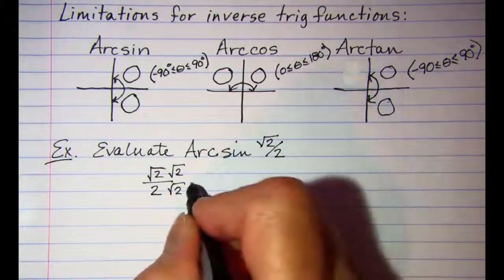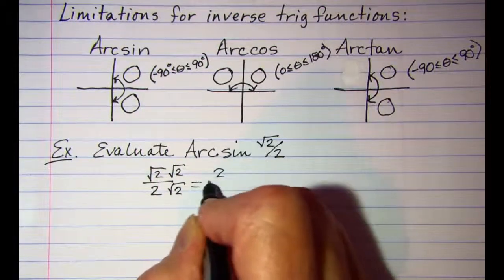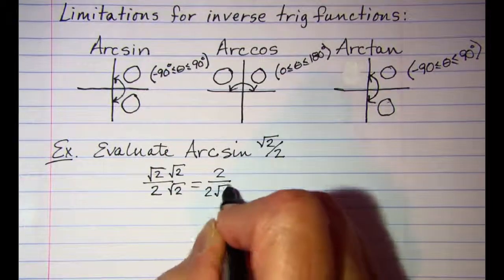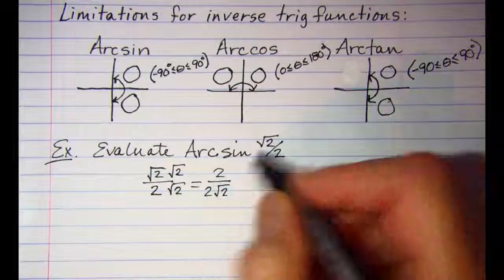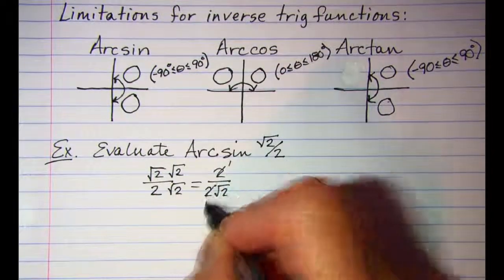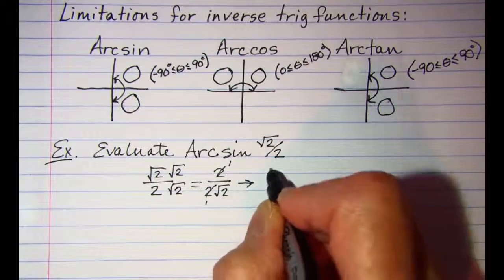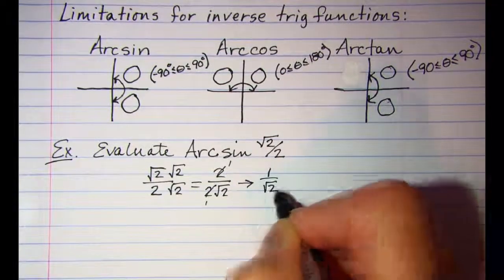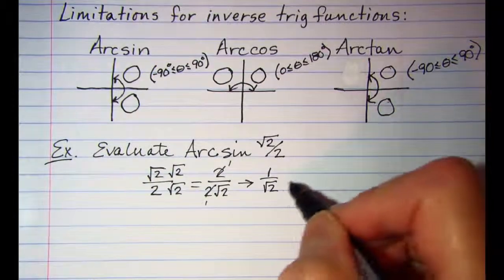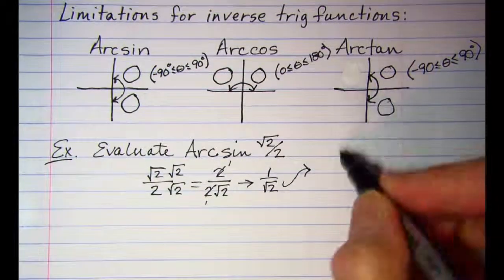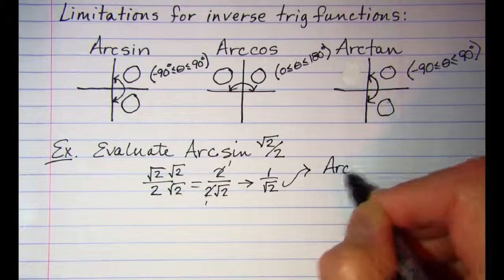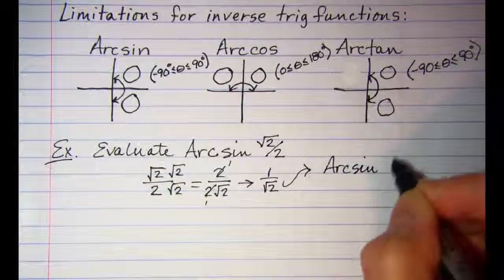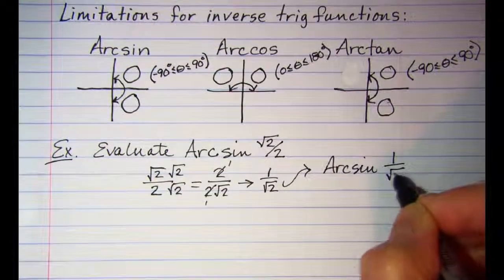So we get 2 over 2 root 2, and then my 2's will cancel, and I'll have 1 over root 2. So now my problem is to evaluate arcsine 1 over root 2.